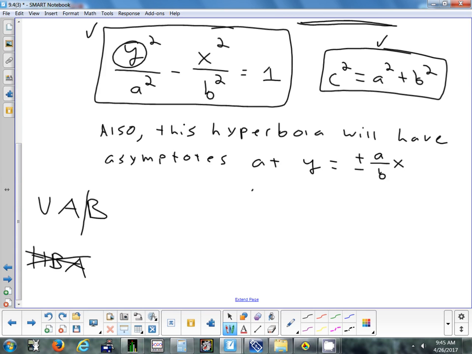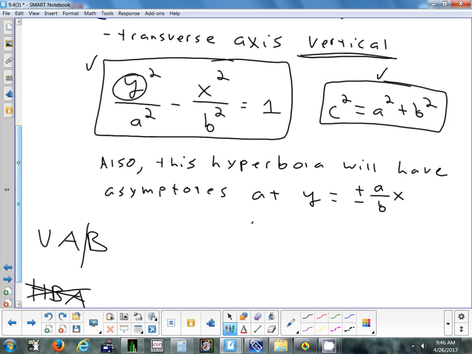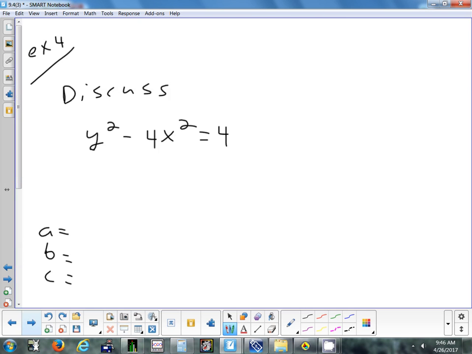All right, so let's do the same thing we just did, except we'll do it with this equation. Okay, does everybody have that? If you have that, that's all you need. All right, so what's going on here? What do we got to do? First, you got to divide everything by 4.